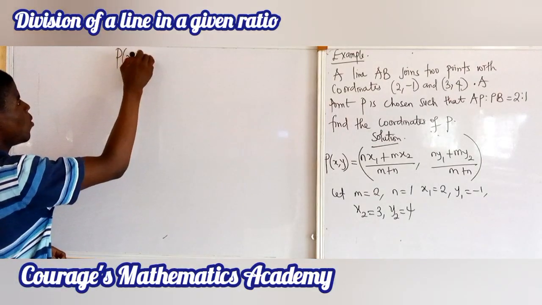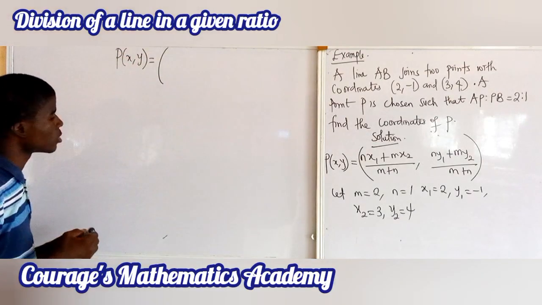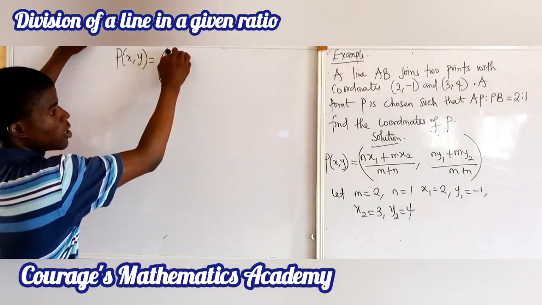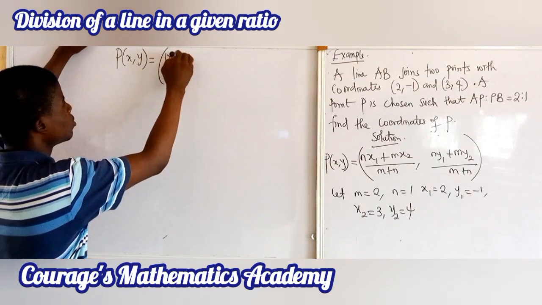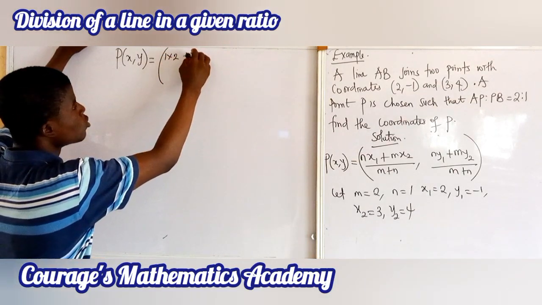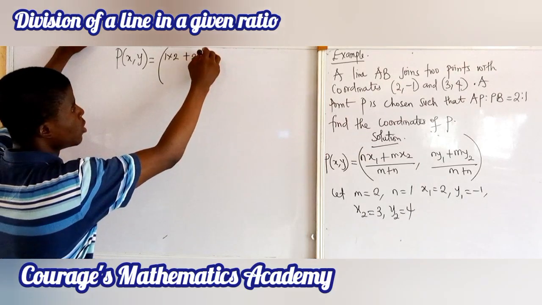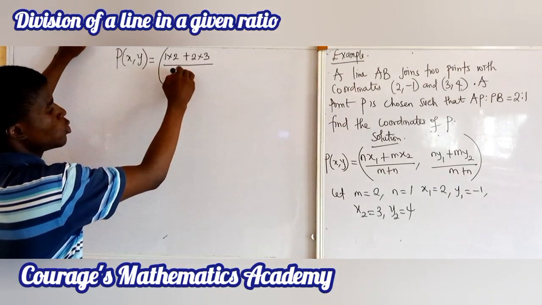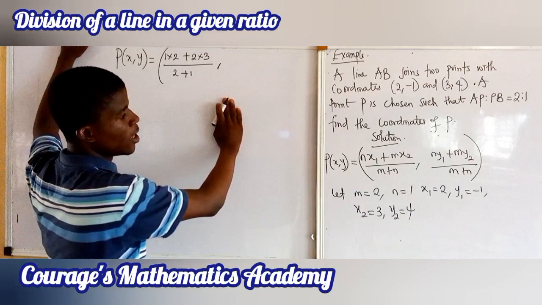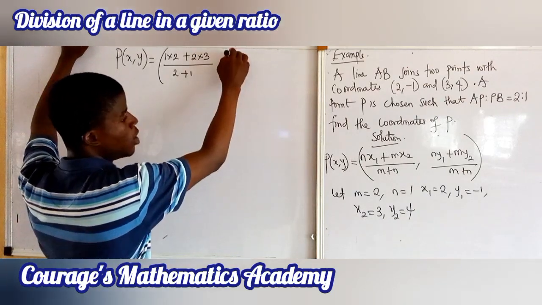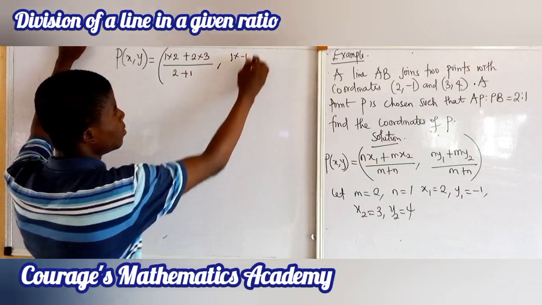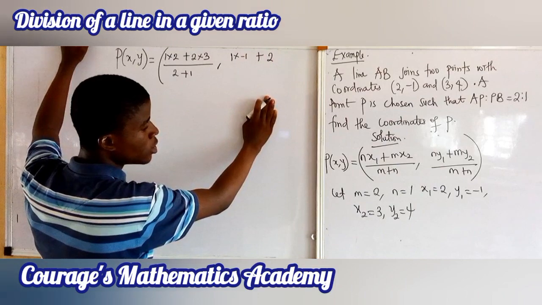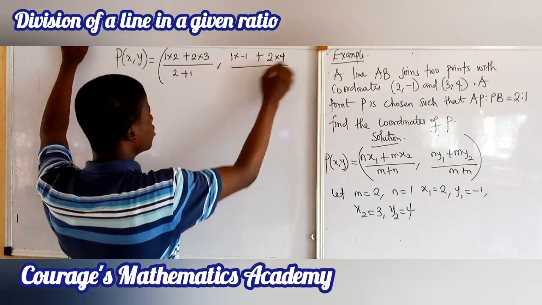P, x comma y is equal to n is 1 times x1 is 2, plus m is 2 times x2 is 3, all over m is 2, n is 1, comma, ny1, that's n is 1, y1 is minus 1, plus m is 2, y2 is 4, 2 times 4, all over 2 plus 1.